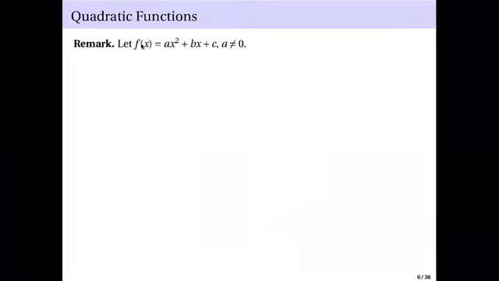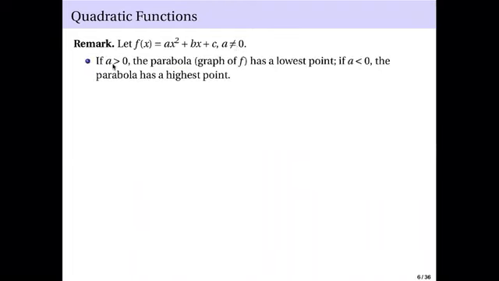Now, let us consider the function f of x equals ax squared plus bx plus c, where a is not equal to 0. Let us look at some more properties of this function. If a is greater than 0, the parabola, which is just the graph of the function f, has a lowest point. Take note that if a is greater than 0, the parabola opens upwards, and therefore it has a lowest point.